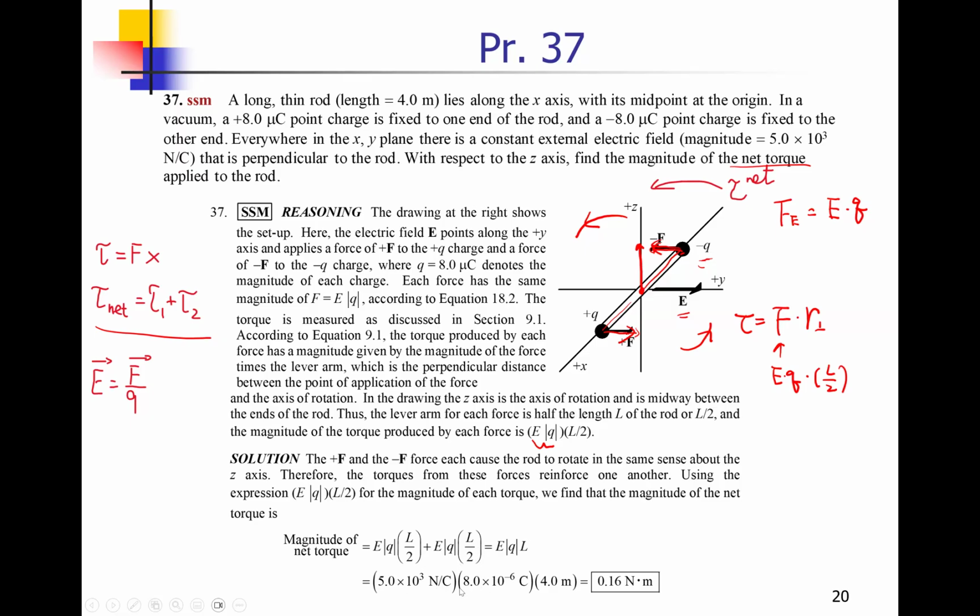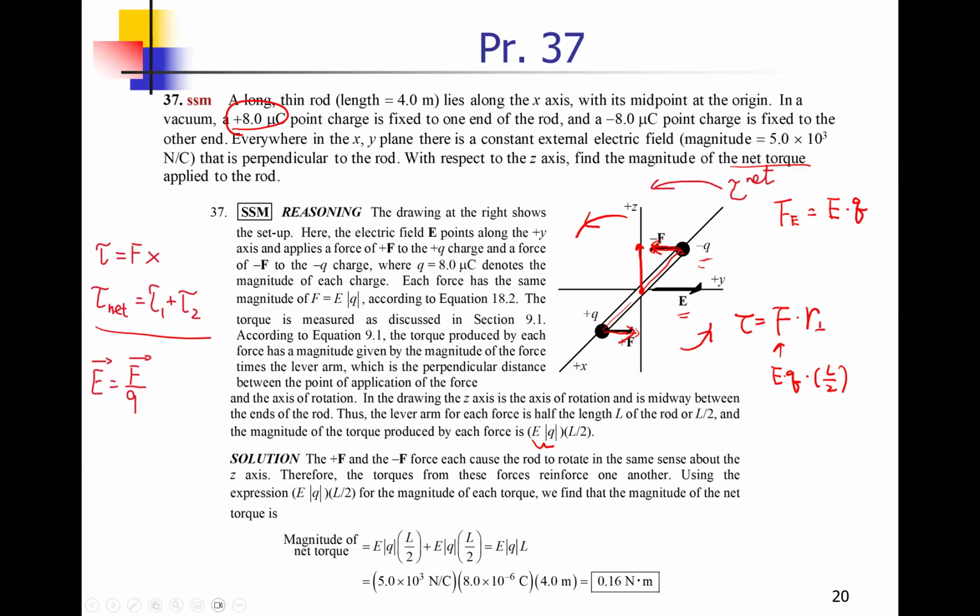So put them together, the E field goes to here. Your Q is 8 times 10 to the power negative 6 because it's 8 microcoulomb, and the L is 4, but you have 2 of them, so the over 2 gets crossed out. Then you have 0.16 Newton meter, and this is the torque.